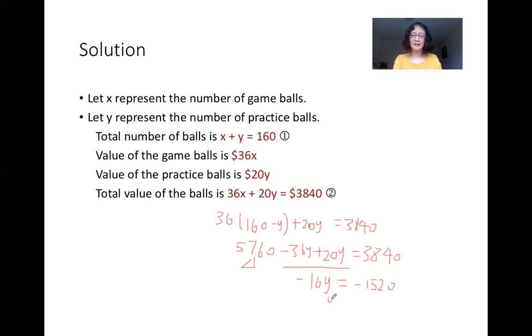Okay, and now solve for y. I'll double check this number. Yeah, that is correct. So 1,520 divided by 16 equal to 95. Okay, y equal to 95.